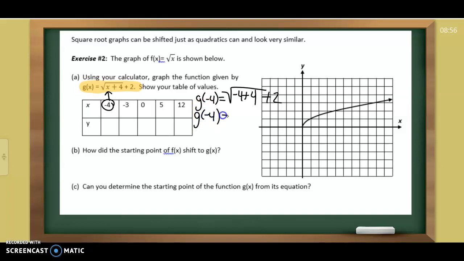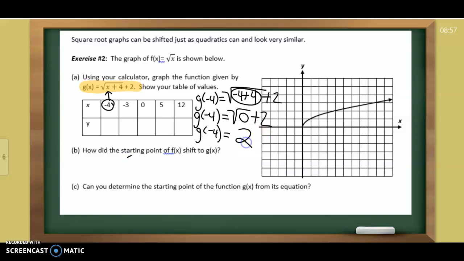Well, because we are adding first, this is actually going to make the square root of 0. -4 plus 4 is 0, and then I'm still adding 2 after that. The square root of 0 actually is 0, and 0 plus 2 is just going to be 2.